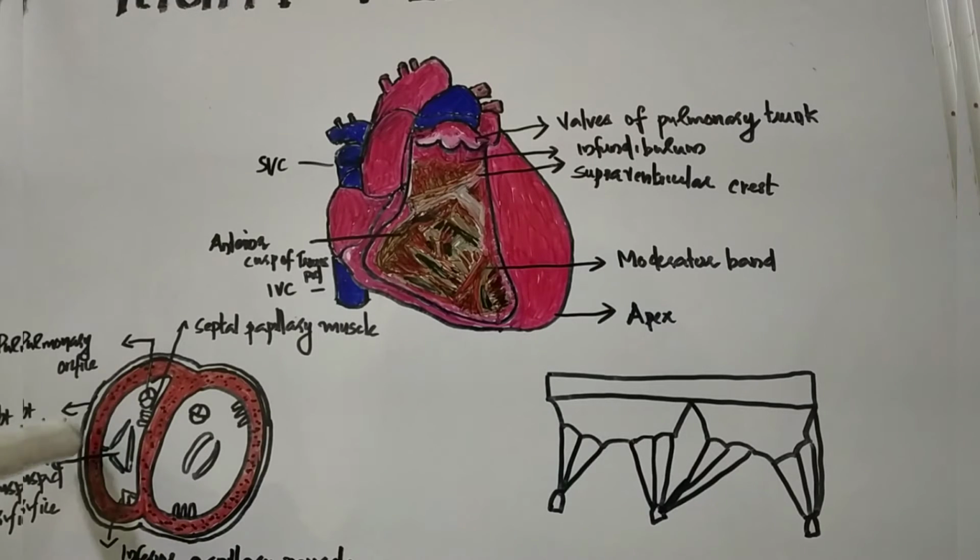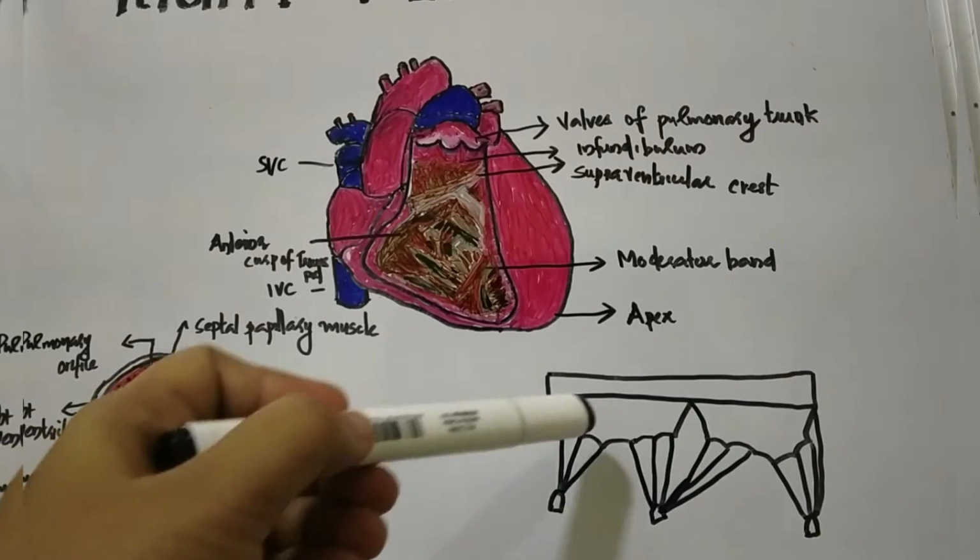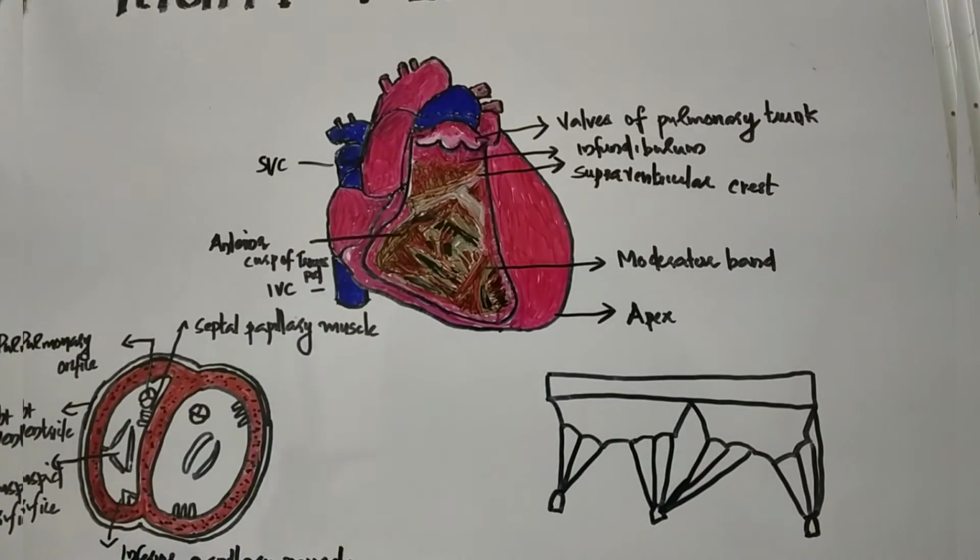So the anterior papillary muscle is the biggest among them, and the septal papillary muscles are arranged in the form of small nipple-like structures, and each of these papillary muscles is attached to the cusp by means of chordae tendineae.